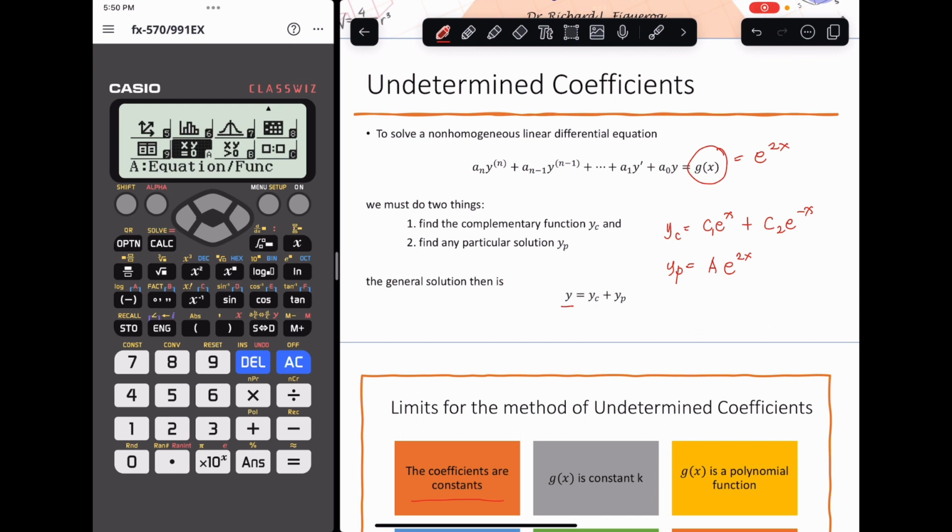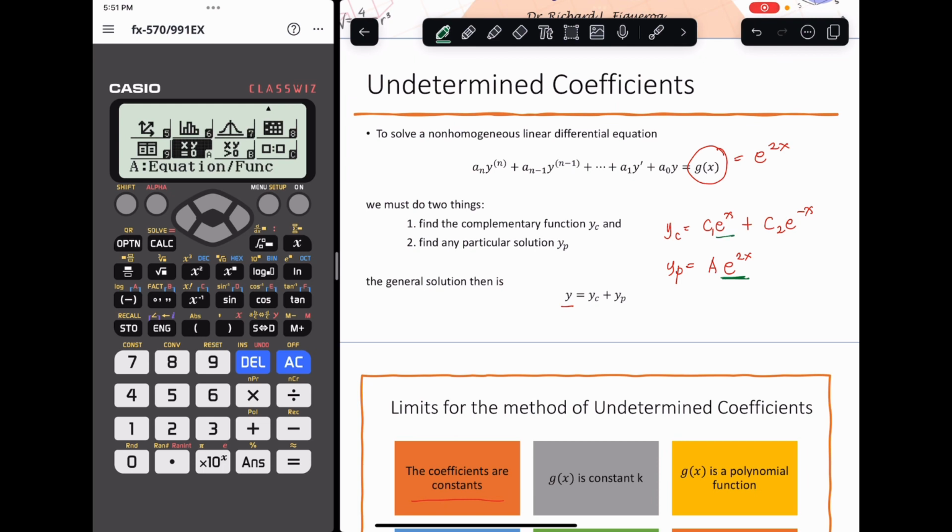In determining what case we are going to use for undetermined coefficients, we compare the particular solution to the complementary solution. So how do we compare? We look at the terms. Our particular solution is e raised to 2x, so we take a look at the complementary solution to see if there is something in common, meaning the two terms are similar with each other. This is e raised to 2x, this is e raised to x.